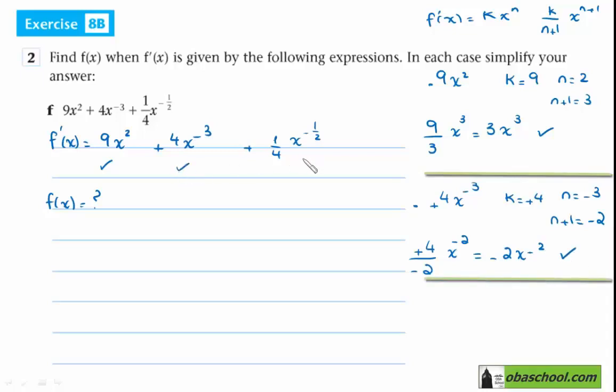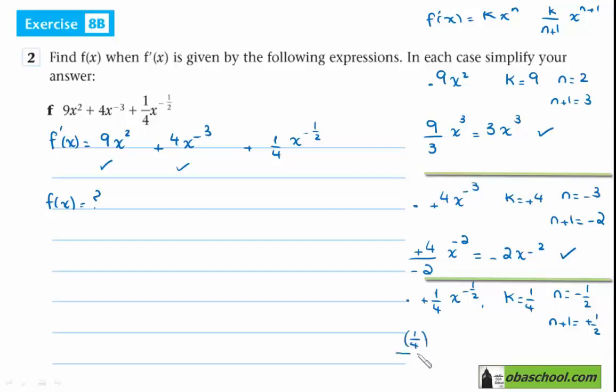Let's go to the last term and integrate it. We have 1 over 4 multiplied by x to the power minus 1 over 2. By comparison, k equals 1 over 4 and n equals minus 1 over 2. Then n plus 1 equals minus 1 over 2 plus 1, which equals a half.